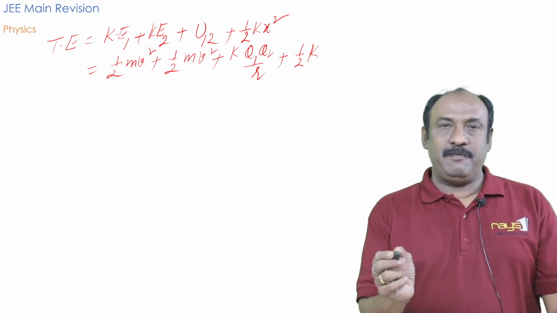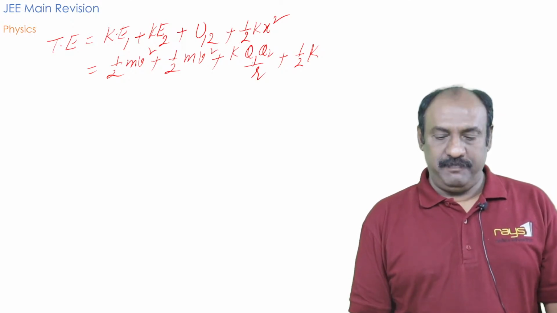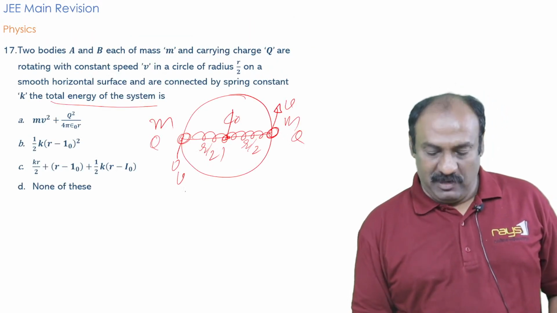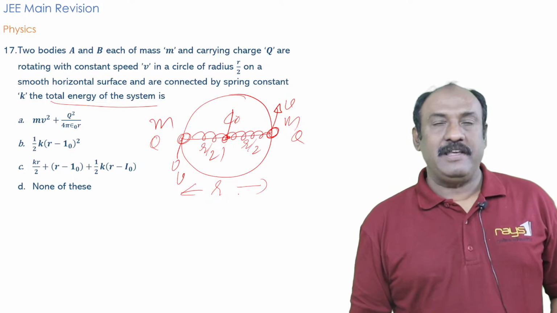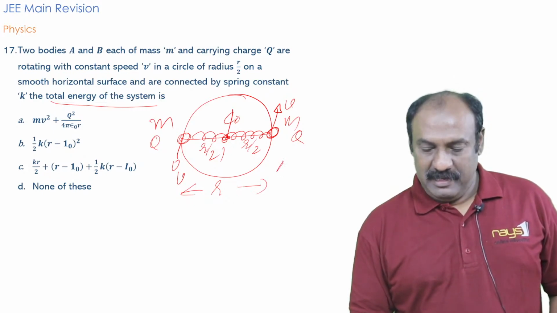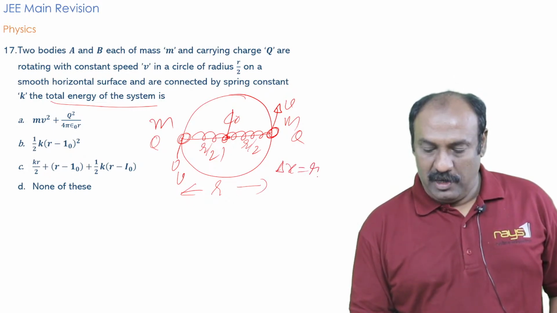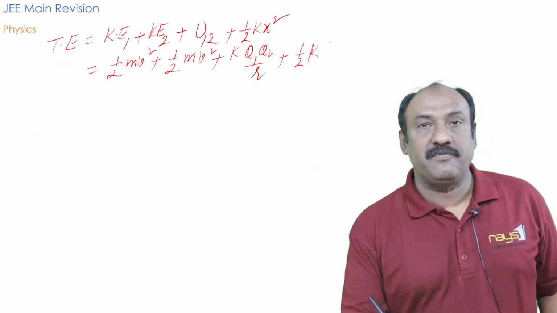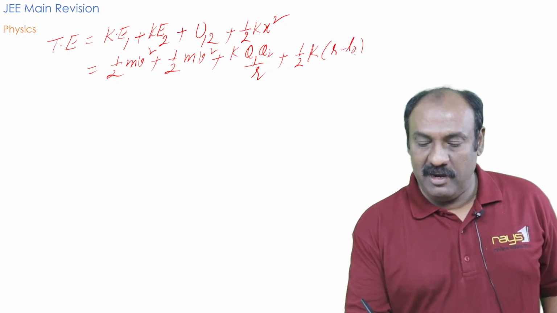The distance between the two ends of the spring is r. So the extension in the spring is r minus L0. So half k into r minus L0 whole square.